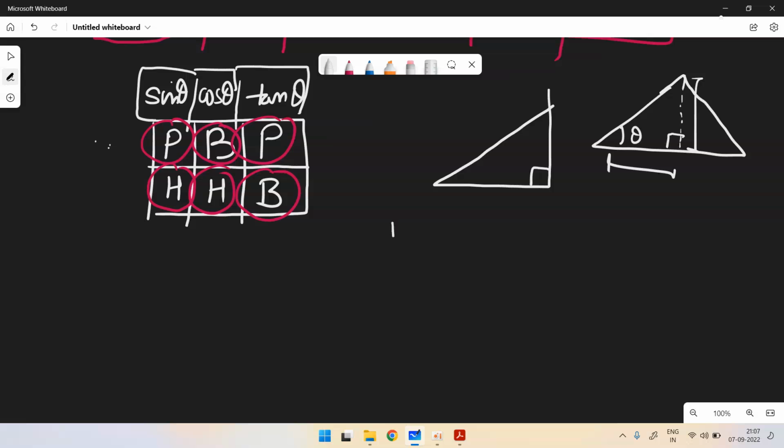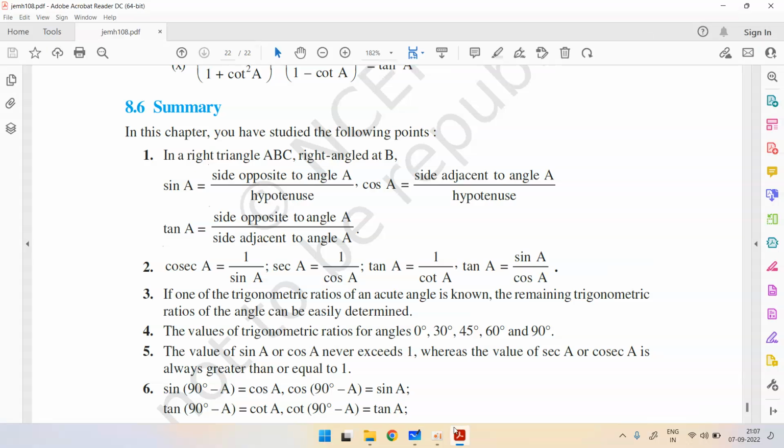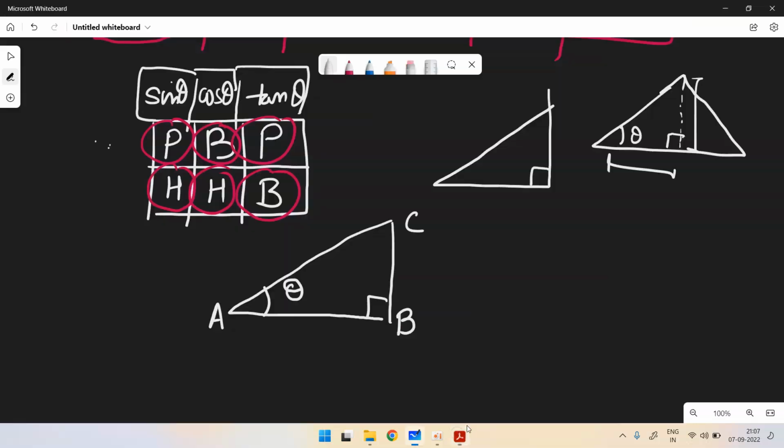So, if this is my triangle, this is the 90 degree angle, and let us say the vertices are A, B, C. This angle is A, or I can take this as theta.